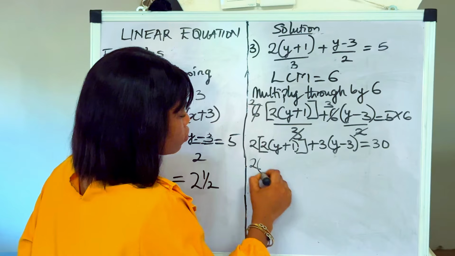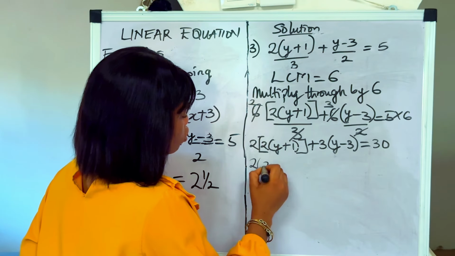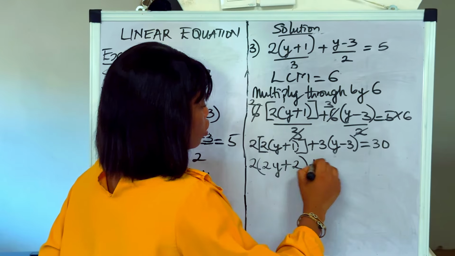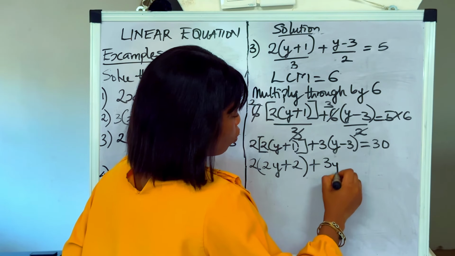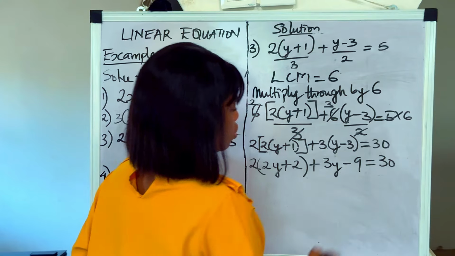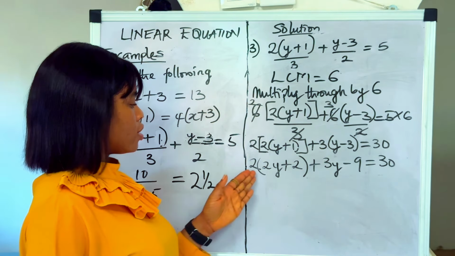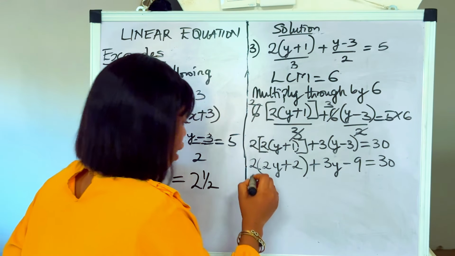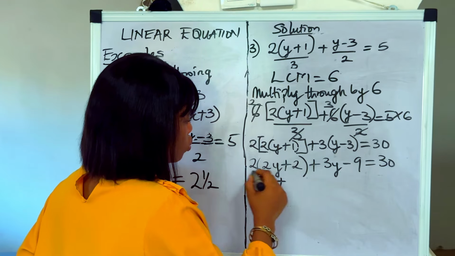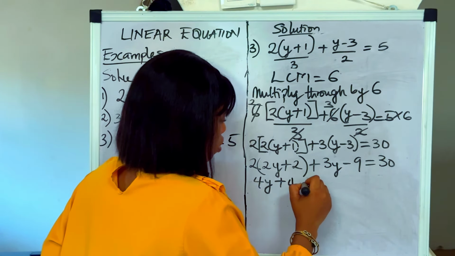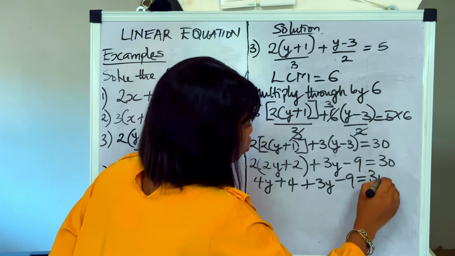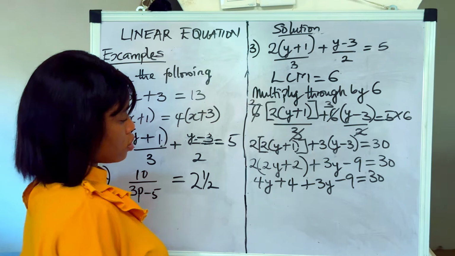So we have 2 times y, that's 2y, plus 2 times 1, that's 2, plus 3 times y, 3y, minus 3 times 3, 9, equals 30. Now let's clear these brackets. So we have 2 times 2y, 4y, plus 2 times 2, 4, plus 3y minus 9 equals 30.